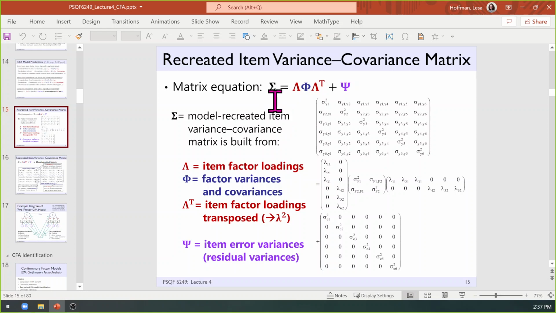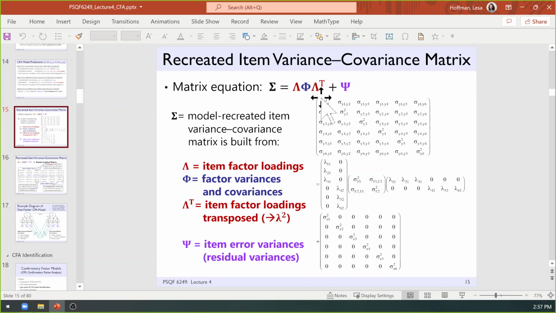That stands for the model-implied variance-covariance matrix. What does the model say the variances and covariances should look like given our factor structure? That is a function of capital lambda here, the loadings, multiplied by a matrix that holds the factor variances and covariances, multiplied by the same loadings transposed.